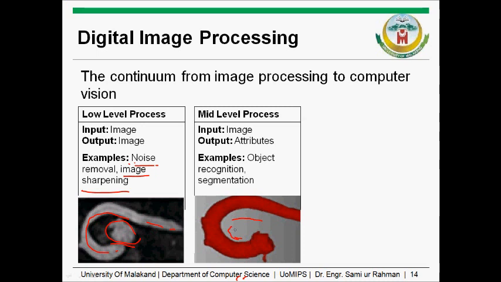So if the physicians or doctors are interested in the arteries, there is no heart region, and they can clearly see what is in the image. When you look at both images, on the left side you don't understand what this is, but on the right side there is a clear image.